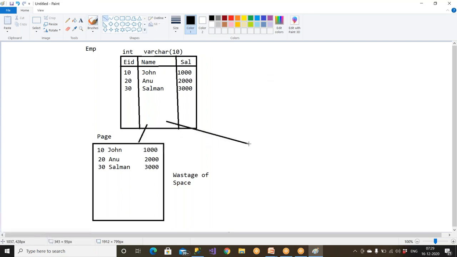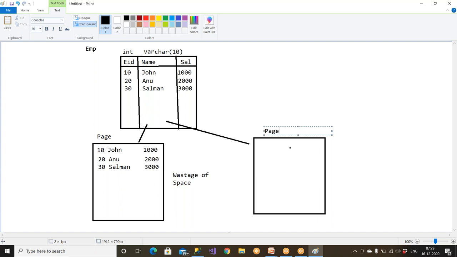So when you make it varchar data, what happens? The page, as it is, you have the page, right? So end of the day, the data will go to the page only. But now I'm talking about varchar data. Clear? So whenever you store the data, what is happening here?